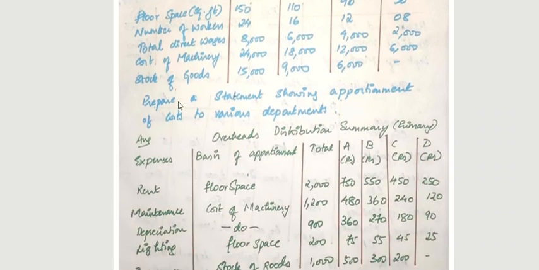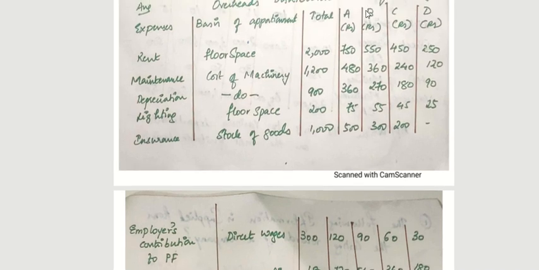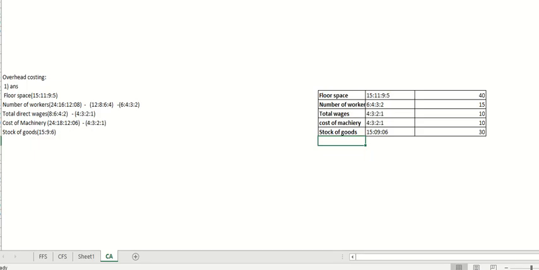After that, the basis for the expenses. Your rent will be apportioned based on floor space. So your 2000 rupees is your total rent. This 2000 will be apportioned to departments A, B, C and D on the basis of floor space, where the ratio is 15:11:9:5.